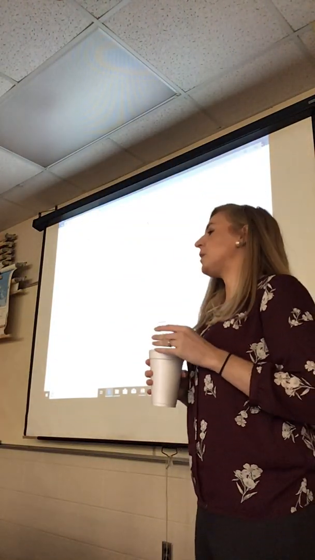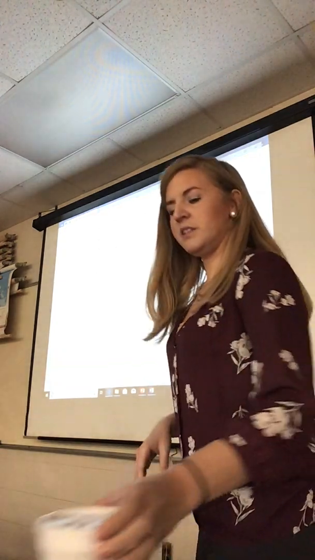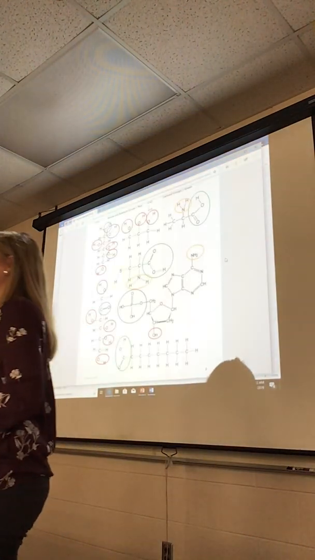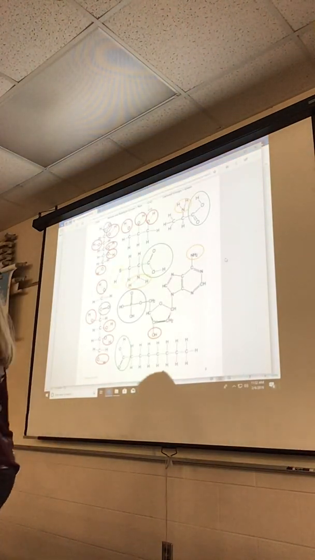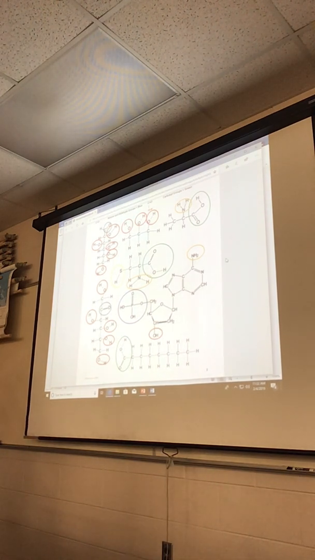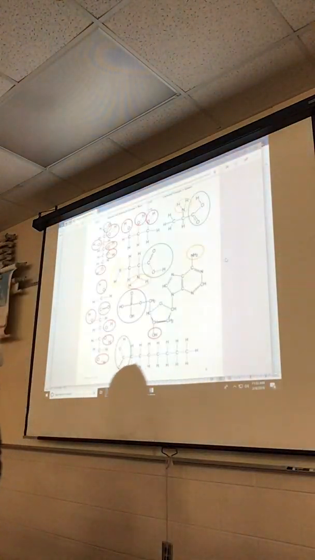Does anybody have my water molecules, by the way, or did I get them back? Did I get the water back? Let's see the water over there. I do have other sheets. I can find them. Here it is. Thank you.